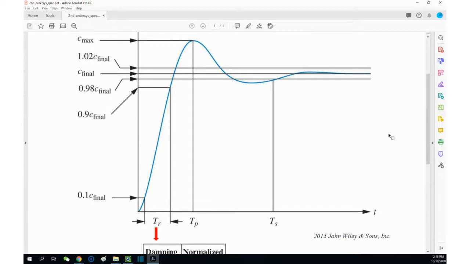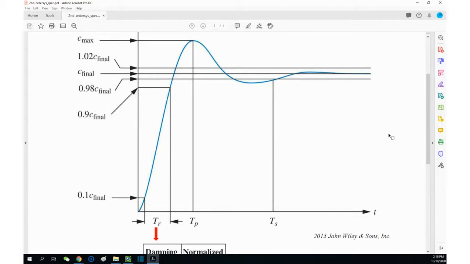Because the poles, real part and imaginary part, are also in terms of omega n and zeta. You need to have that formula ready.